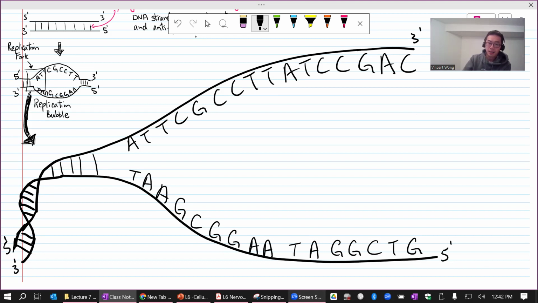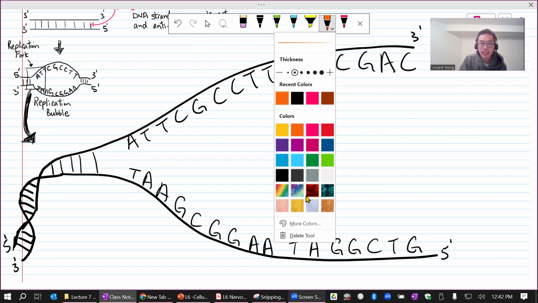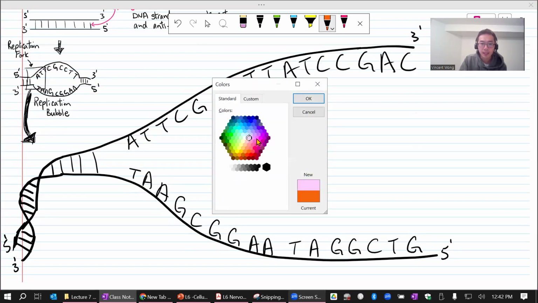Okay. So to create the bubble to open, and this is only one side of the bubble, there's another fork on the other side, which we're not going to look at. But we have to unzip the DNA, right? So to unzip the DNA, we're going to need an enzyme to do that.